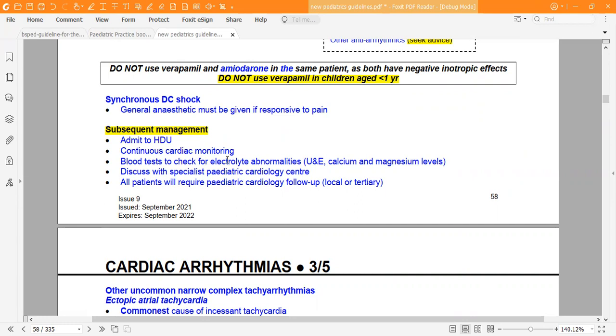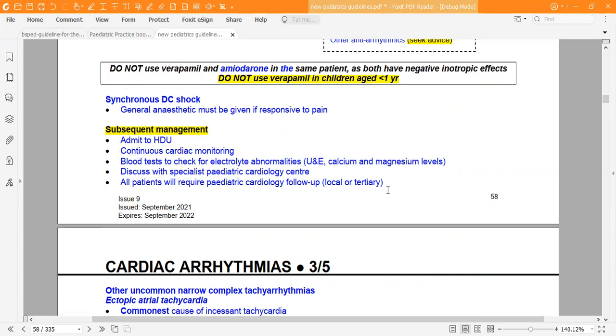Continuous cardiac monitoring, of course, and blood tests to check for electrolyte abnormalities: urea and electrolytes, calcium and magnesium level. Discuss with the specialist pediatric cardiology center. All patients will require pediatric cardiology follow-up, local or tertiary.